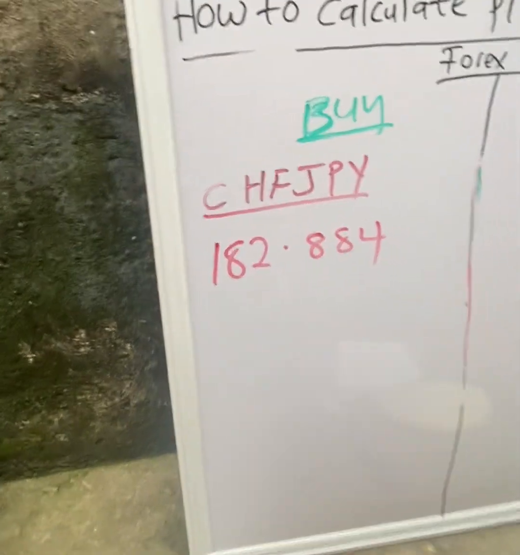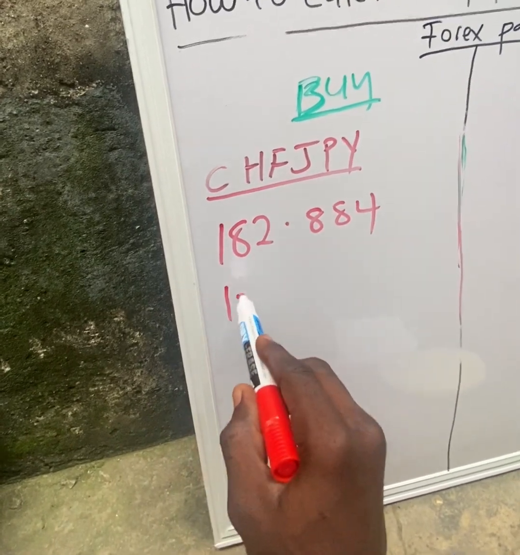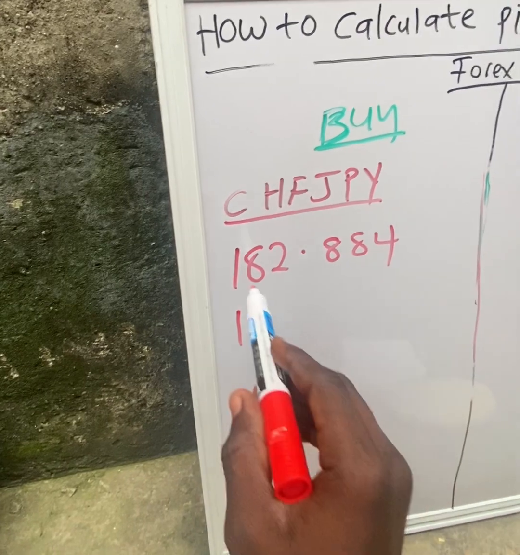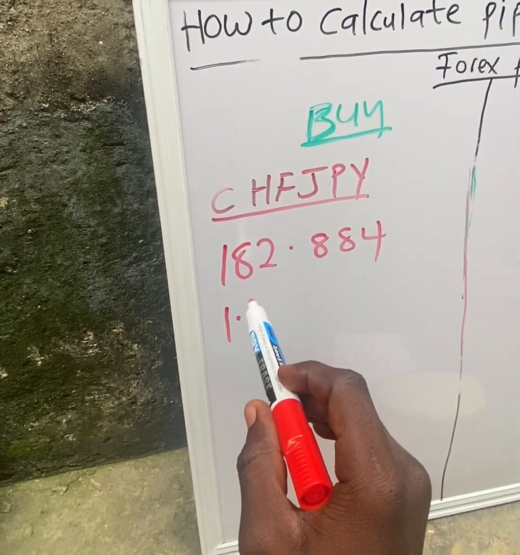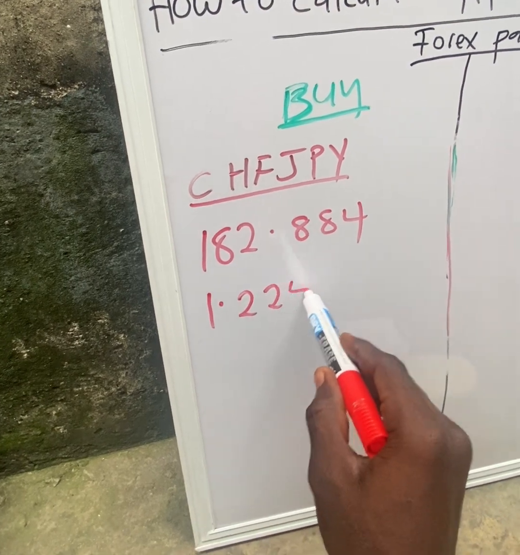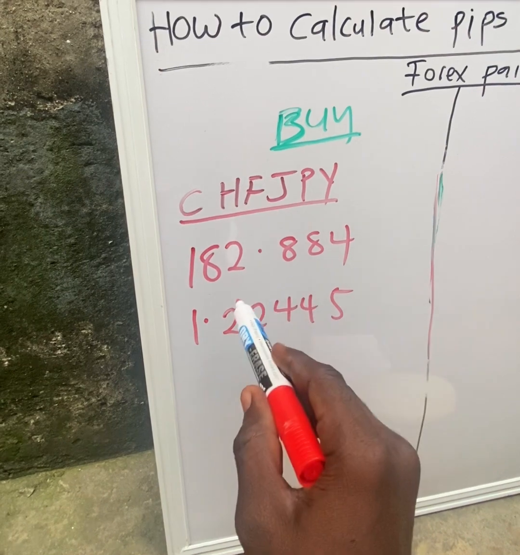You can see that it's a little bit different there. For the majors and some other pairs, we have our point after the 1. But in this case, we have our decimal point after the first 3 numbers. You can see, for GU, we have 1.22445. You can see the difference between these two.